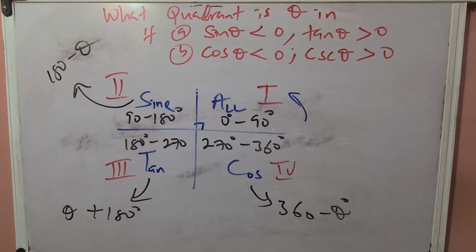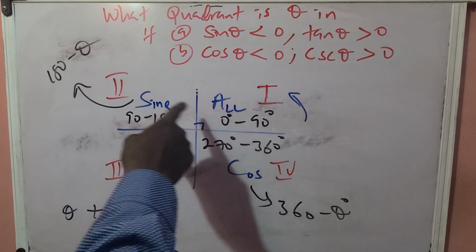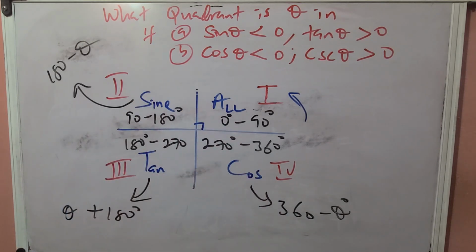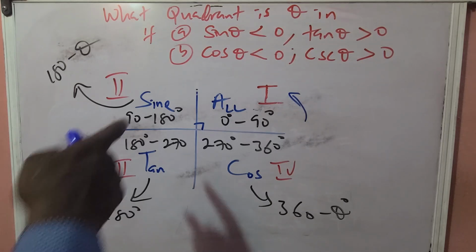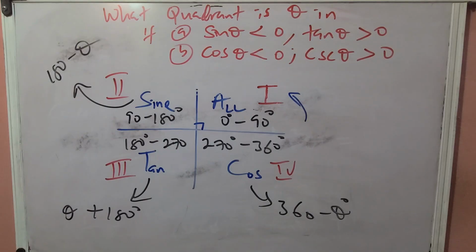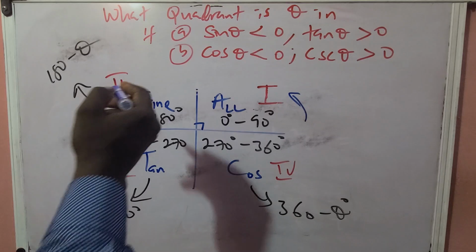Before we go on to answering this question, I want to quickly identify something that happens in these quadrants which we have not talked about. Even though we identified all, sine, tan, and cos, in the second quadrant for sine we also have another trigonometric ratio, the cosec.